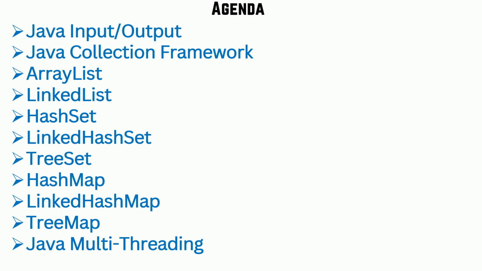From the classes, I will cover Java ArrayList, LinkedList, HashSet, LinkedHashSet, TreeSet, HashMap, LinkedHashMap, TreeMap, and at the last, I'll cover Java multithreading, where you will get to know how you can do simultaneous testing mostly. So these are the different topics that will be covered in today's session.